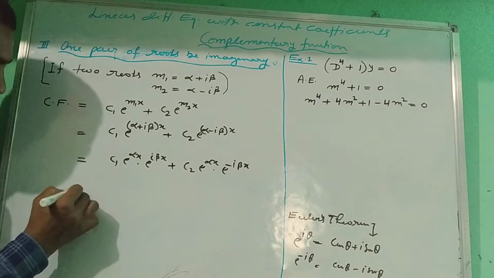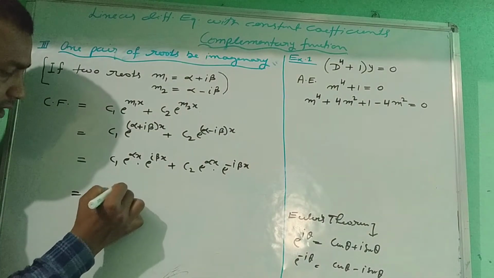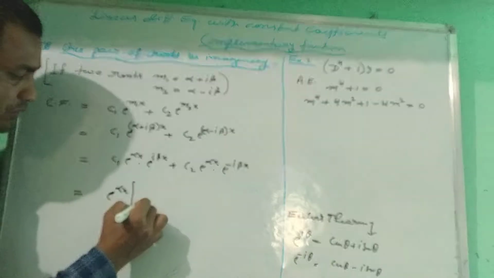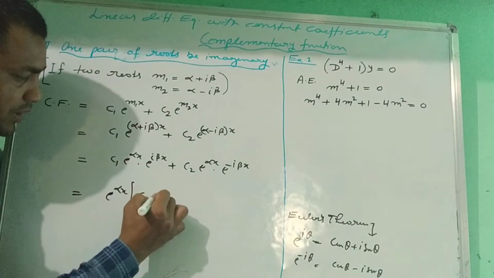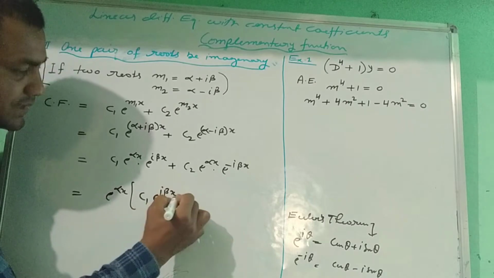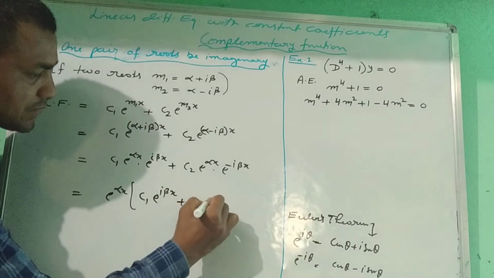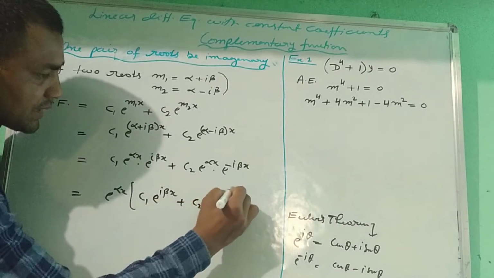In the next step, e to the power alpha x is common, and we have c1 e to the power iota beta x plus c2 e to the power minus iota beta x.